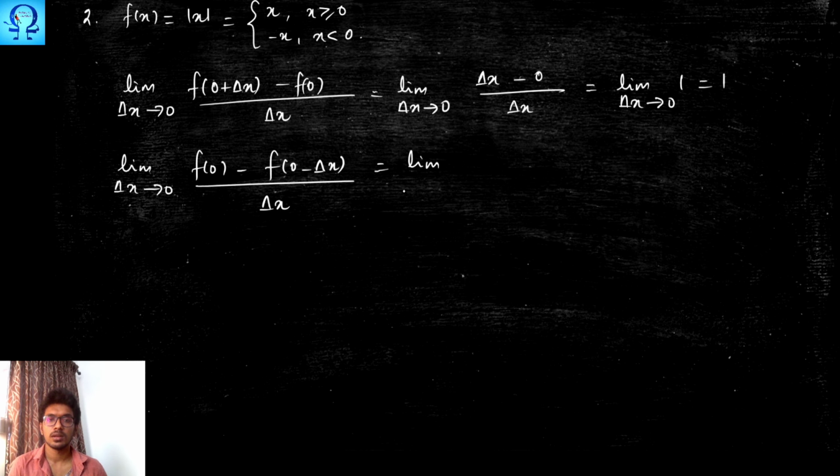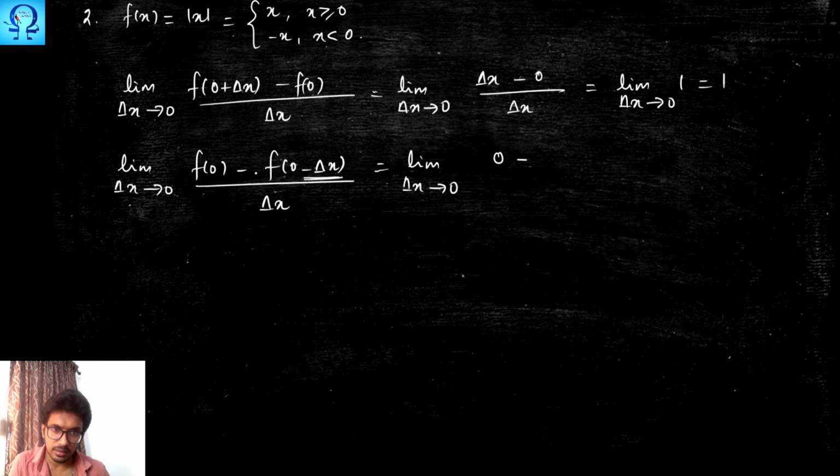Here limit delta x approaches 0. Here if you see, f of 0 is 0. This is f of minus delta x. So minus of this would give you what? Delta x is a positive quantity. Therefore, this minus makes it a negative quantity, so negative means minus of this one.